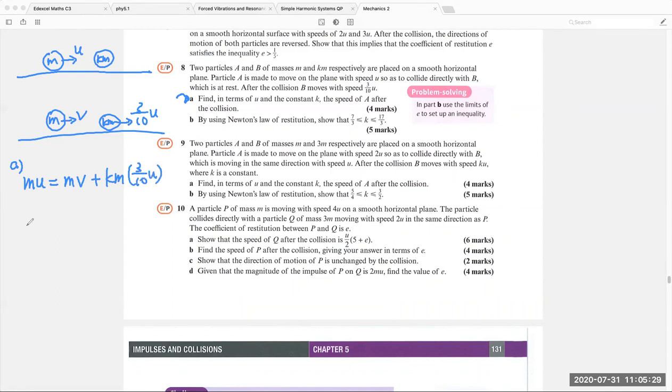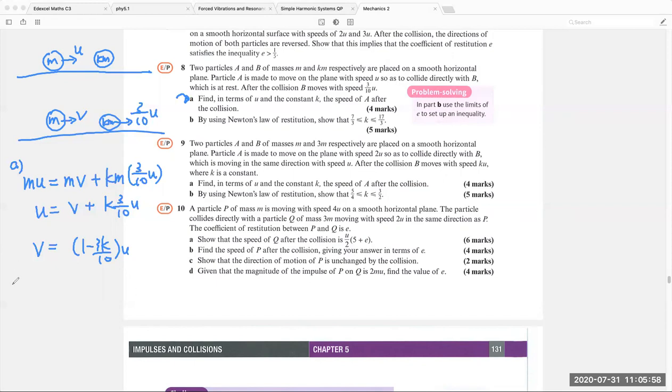Then you simplify this equation, okay? So then you get the velocity to be (1 minus k) u over 10. I think this should not be difficult.